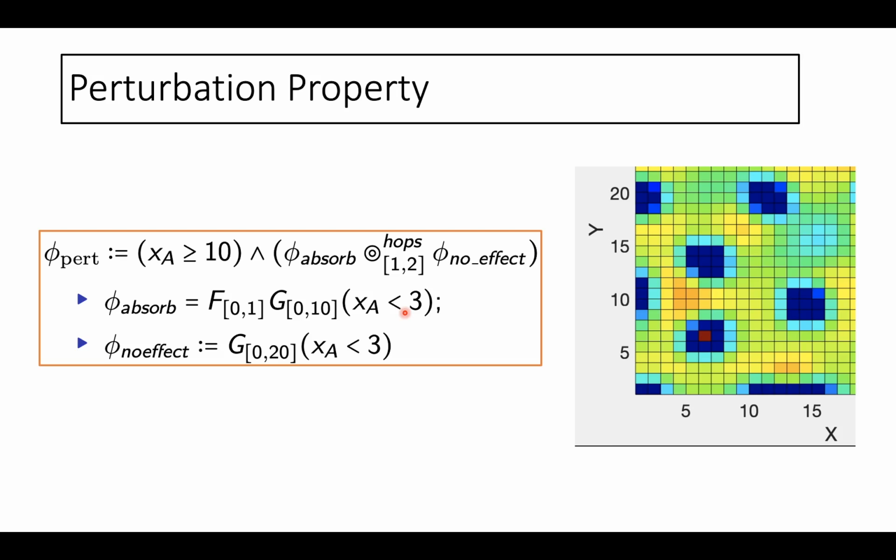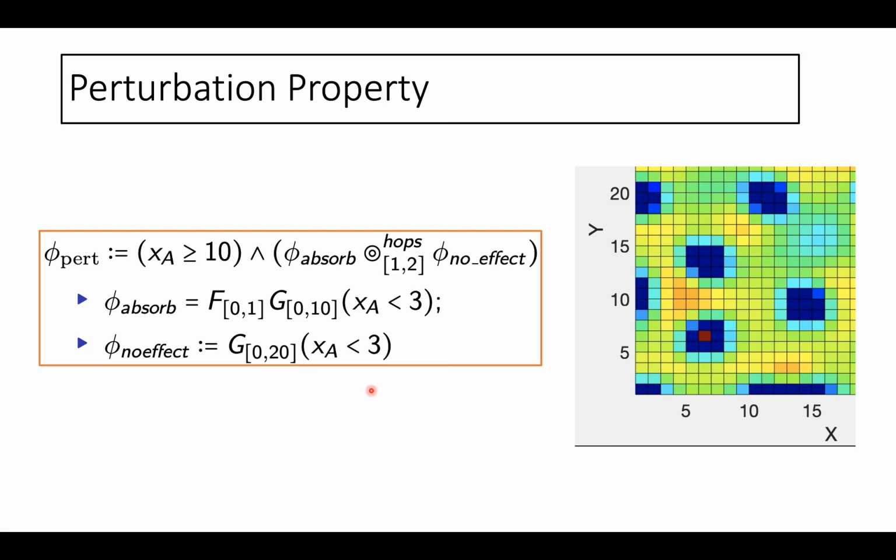And the second part, the property no effect, means always between 0 and 20 that the value of A should remain less than 3. It is used to be sure that the perturbation remains confined inside the original spot without going out.